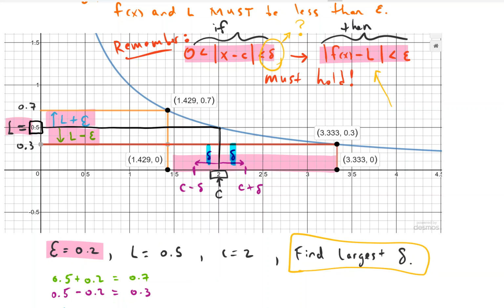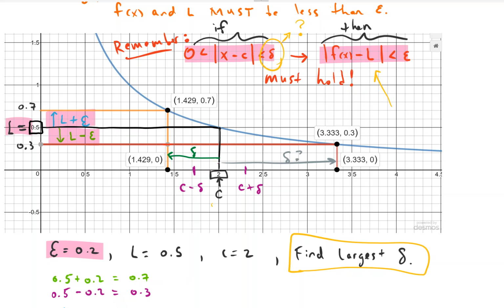So you can look at this and you're probably thinking, I've got this. This is actually pretty simple. The biggest one is probably just this length right there, because you're saying to yourself, I can't use this length because we know that the delta interval has to be centered at the c value.